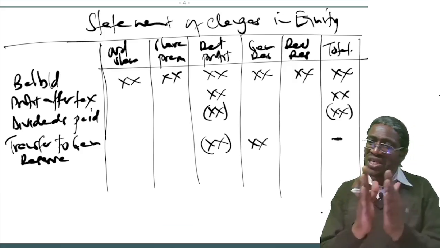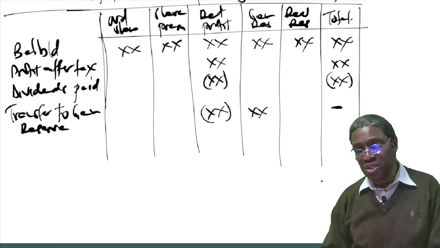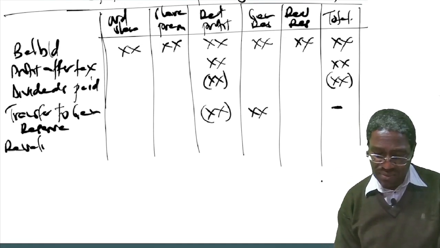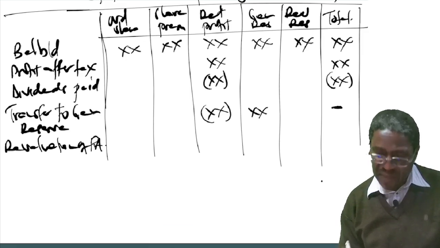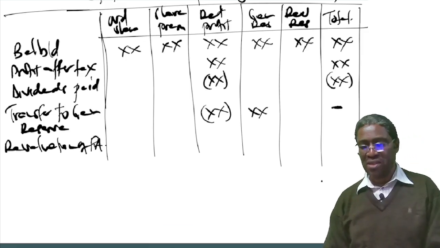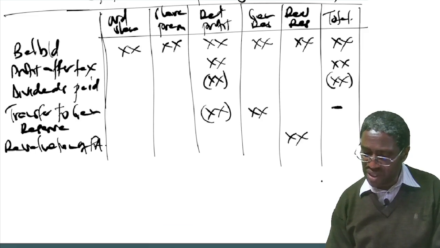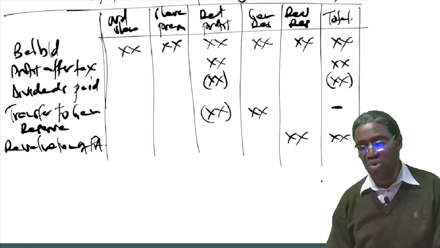You must have credited revaluation reserve. Revaluation reserve is part of equity. You come and say here, revaluation of fixed assets. You increase the asset, you must have debited the asset, you must have credited revaluation reserve. Whatever it is, that automatically will also increase the equity. Good.